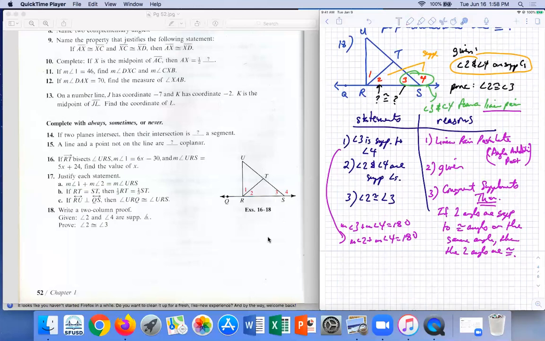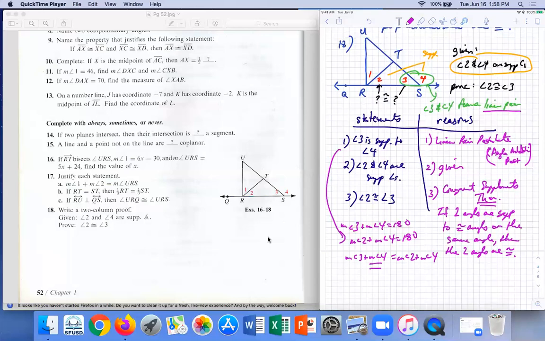If A is equal to B and B is equal to C, then A is equal to C, right? If two sides are equal to the same thing, they're going to be equal to each other. Transitive is just a special type of substitution as well. So you could say measure angle 3 plus measure angle 4 equals measure angle 2 plus measure angle 4.